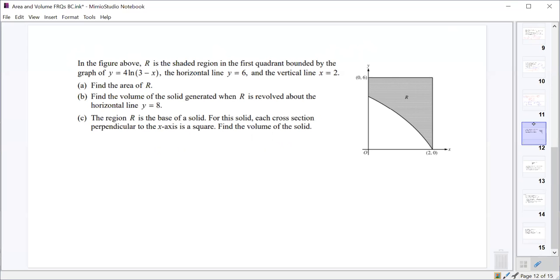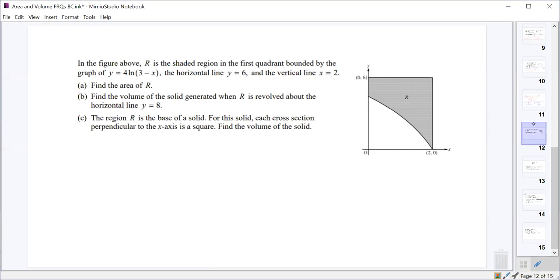Not going to go through the whole thing because it's pretty straightforward, unless somebody wants me to. Oh, this one was a calculator question, I think.